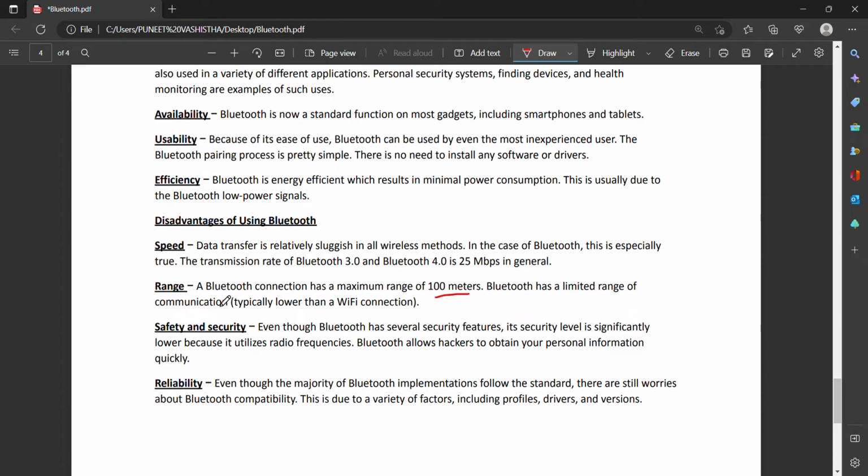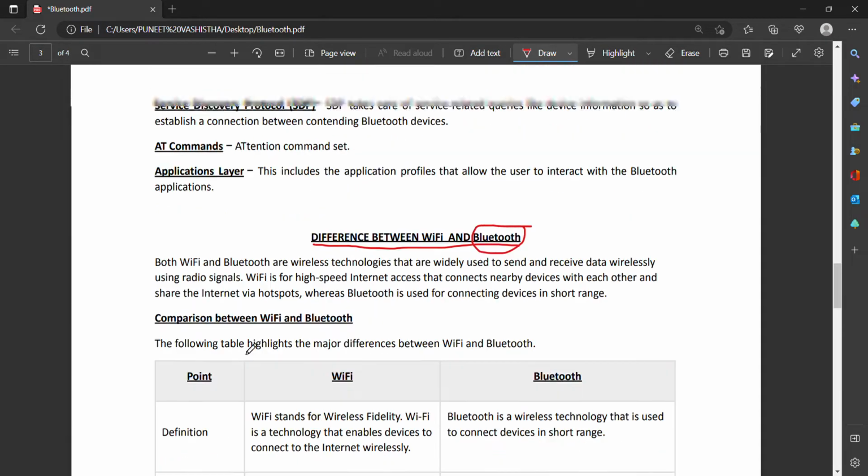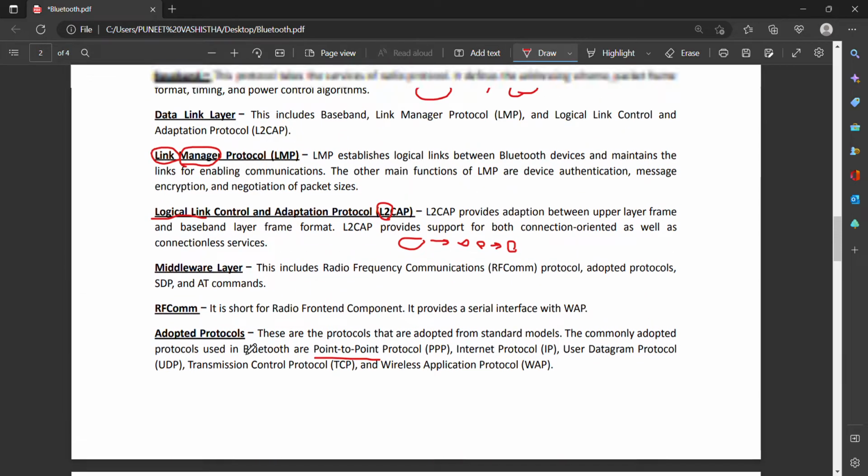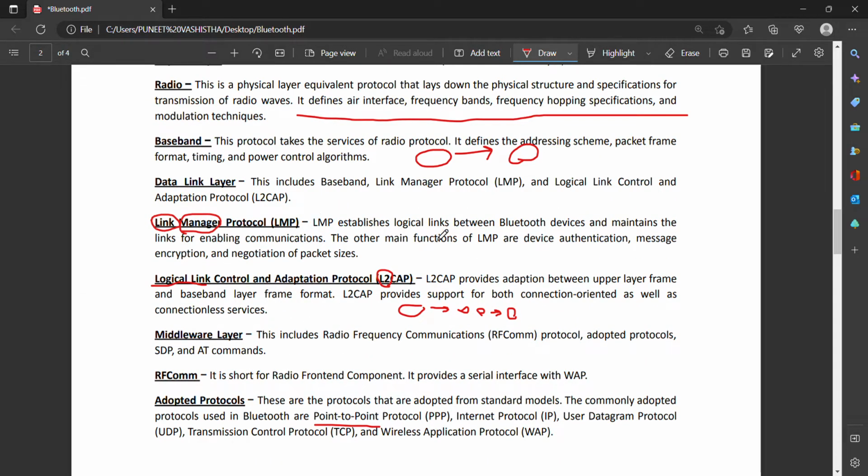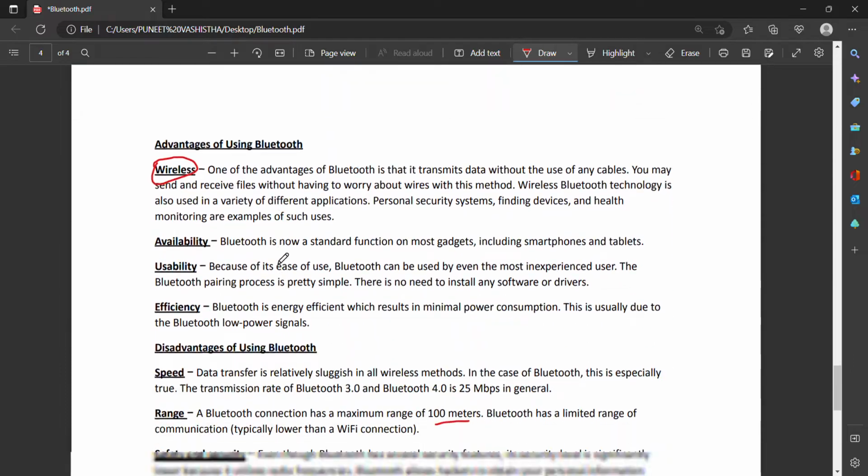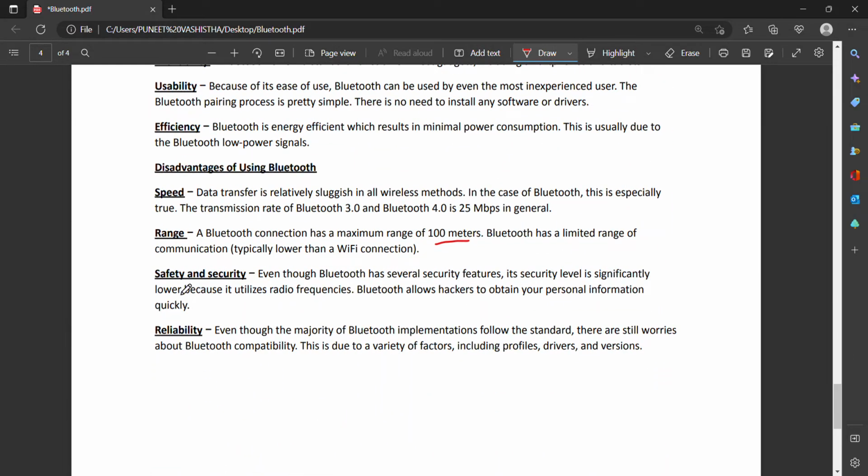This is safety and security. Already we have covered this one, that was for authentication, the link manager protocol, but yes, there is a kind of security issue, right? So safety and security is not that high.